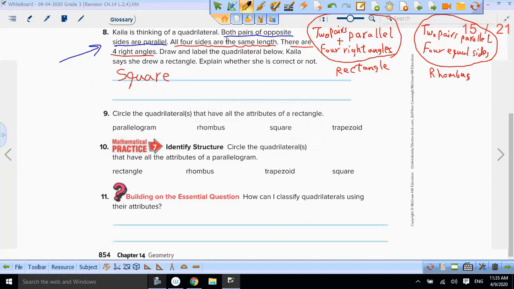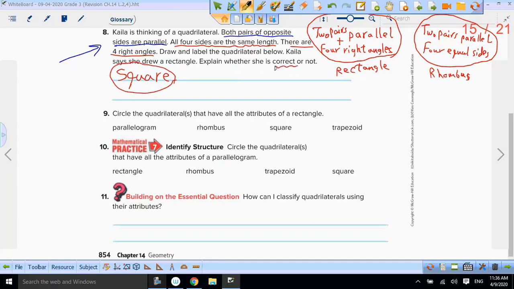We say that those are the 3 properties of the square. Yes, but a square can be a rectangle also. We can say the square is a rectangle, because it has all the properties of the rectangle. So these are the attributes of a square, but Kyla is not wrong.